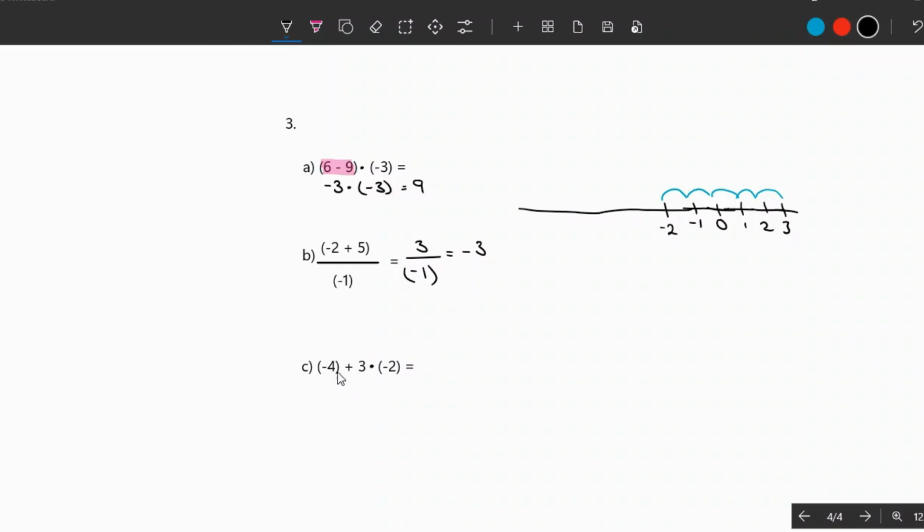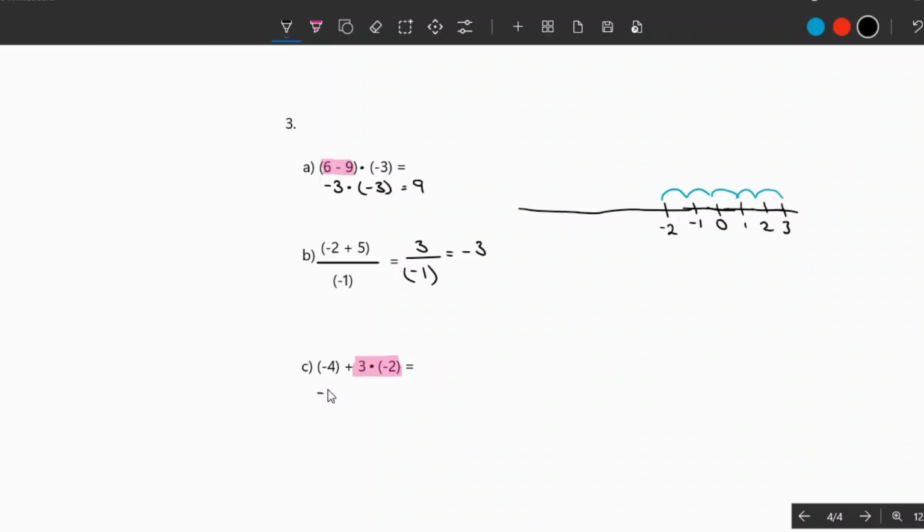We have negative 4. We will add it to 3 multiplied by negative 2. We start by multiplying these two together in the right order. So 3 multiplied by negative 2. One is positive, one is negative, so the answer should be negative.